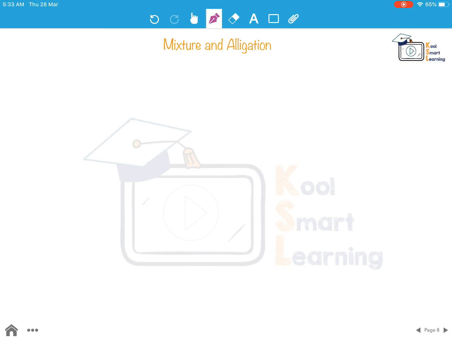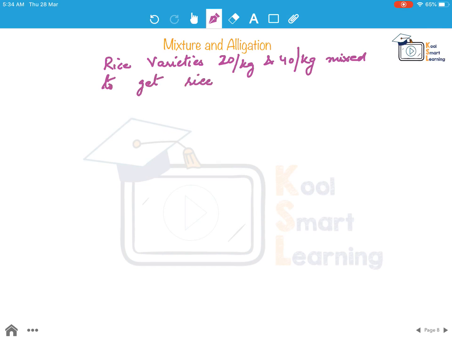So now let's look at the solution of this question. We'll just put out the statement again. Rice varieties 20 per kg and 40 per kg mixed to get rice 24 per kg.